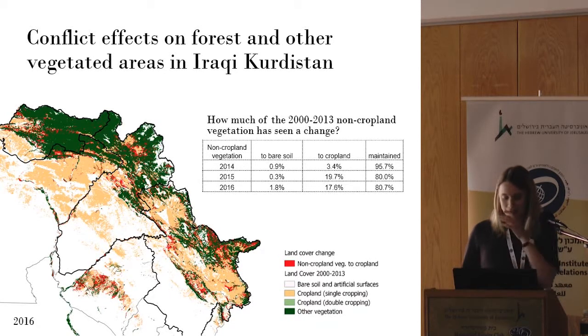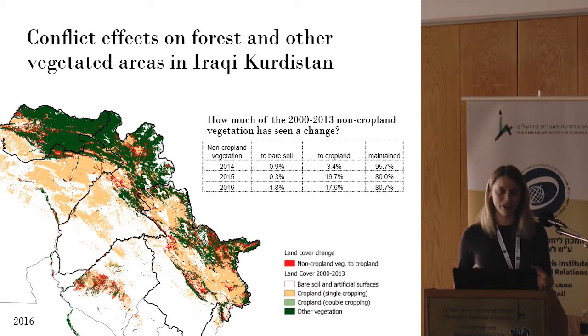The problem is that my data set was developed to find cropland areas. That's what I was interested in. But now I'm using the non-cropland vegetation class to see if I can get some information out of it.